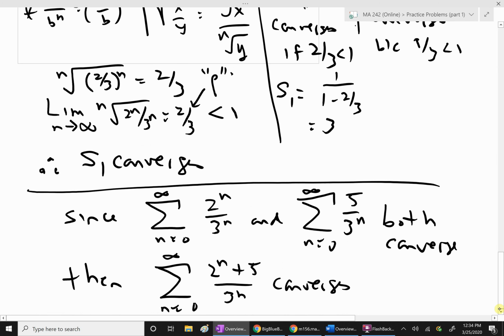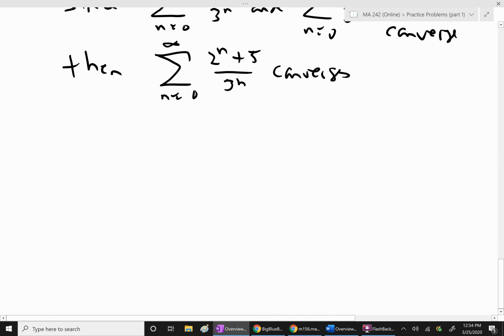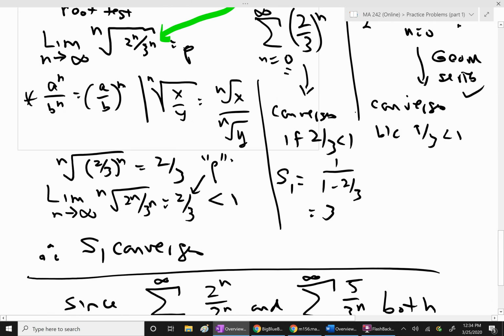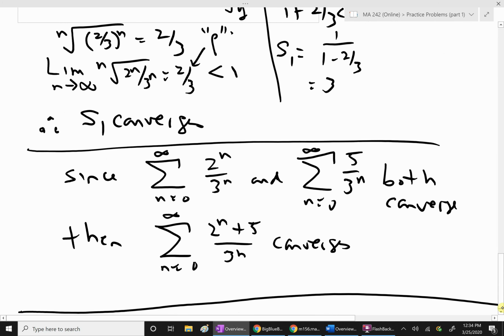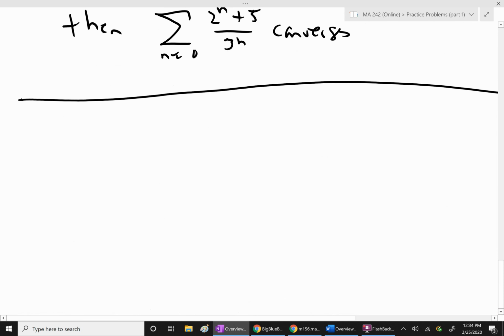So whatever reason or test you use, you're going to explicitly state that, okay? All right. Everybody good on that? Okay. Let's look at the next problem.